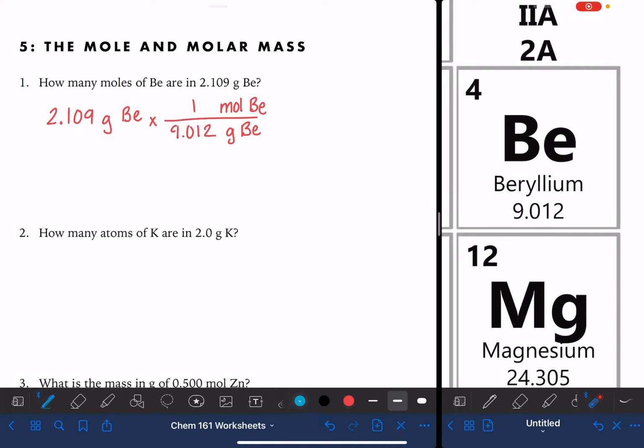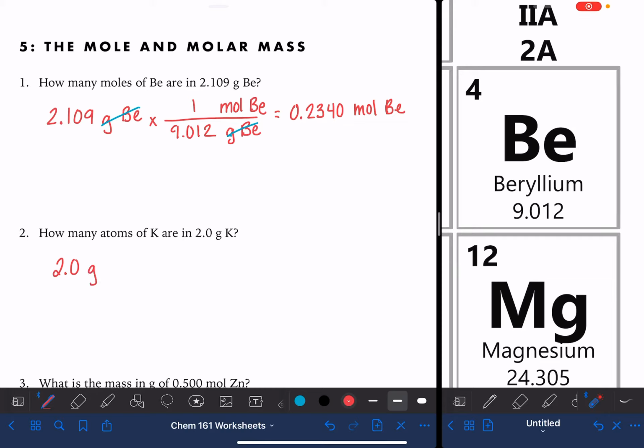And since we've got this problem set up correctly, the units grams of beryllium will cancel out. And we just do the math: 2.109 divided by 9.012. Well, that's weird. Those are the same digits. That's a coincidence. We get 0.2340 moles of beryllium.